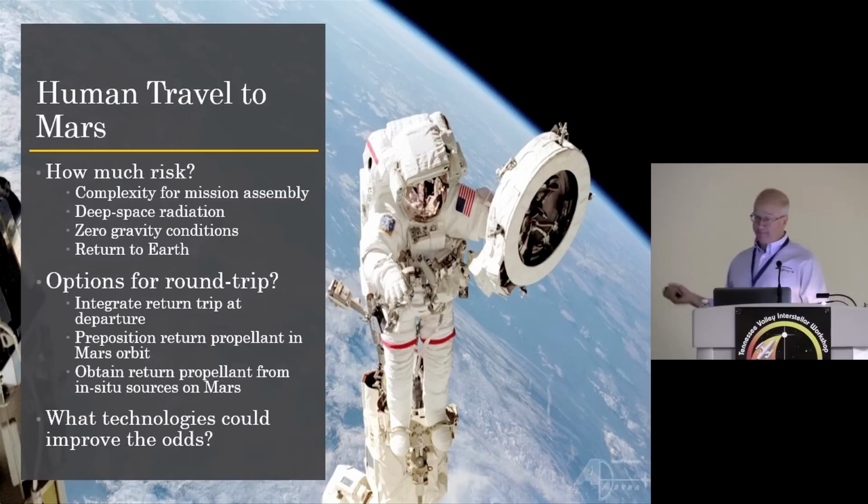You can carry some mass with you for shielding, but this type of radiation you're trying to shield against is very difficult to screen out. It takes a lot of mass to do that, and you don't really want to do that. So time is your friend here. Or it's your enemy. You want to make short time to solve the problem. Zero gravity is also a big problem. If you have enough equipment with you, you can sort of offset that.